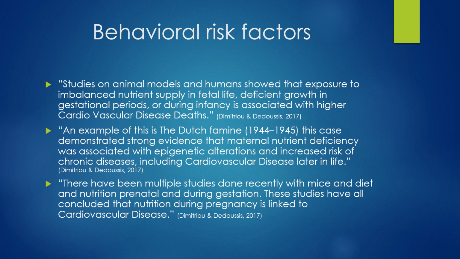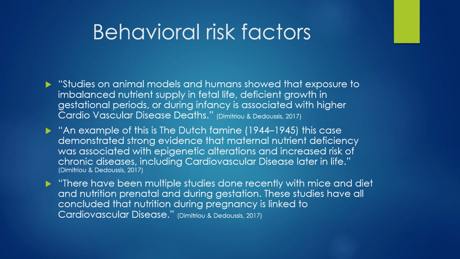An example of this is the Dutch famine, which lasted from 1944 to 1945. This case demonstrated with strong evidence that maternal nutrient deficiency was associated with epigenetic alterations and increased risk of chronic diseases, including cardiovascular disease later in life.